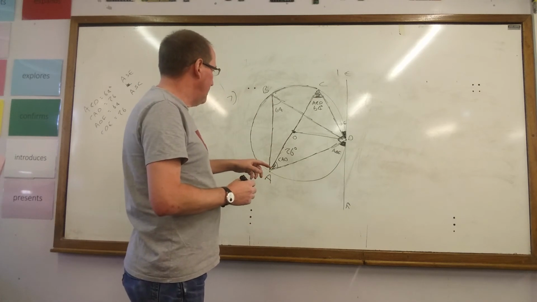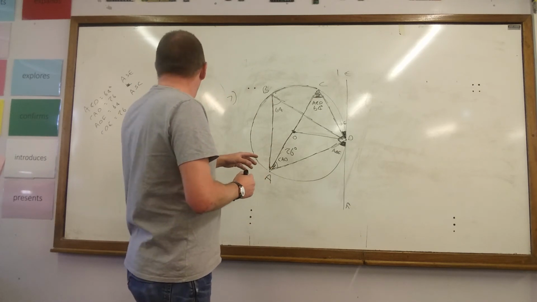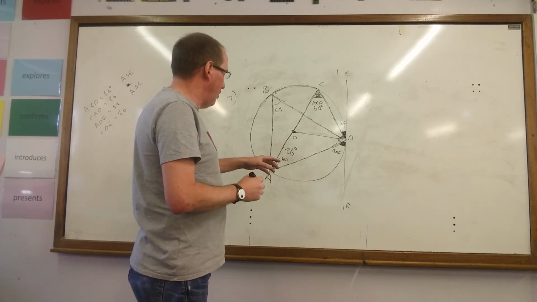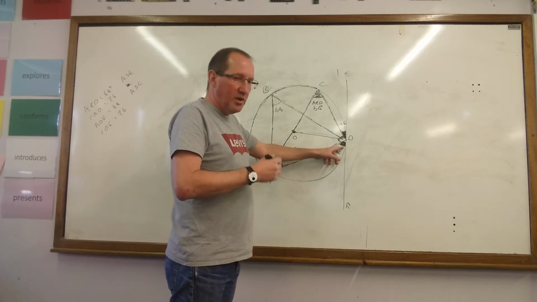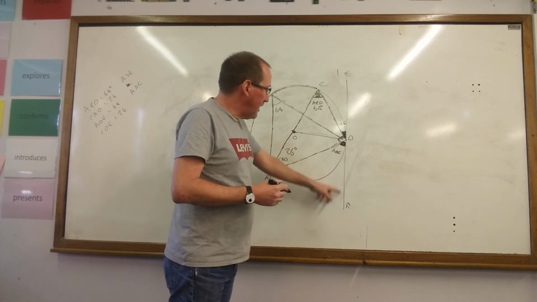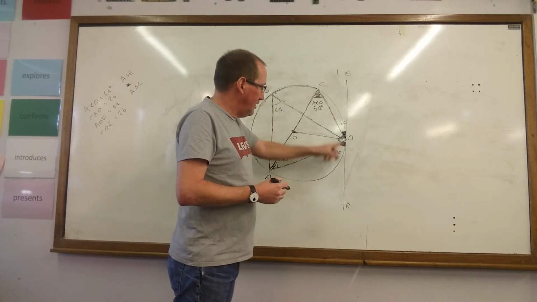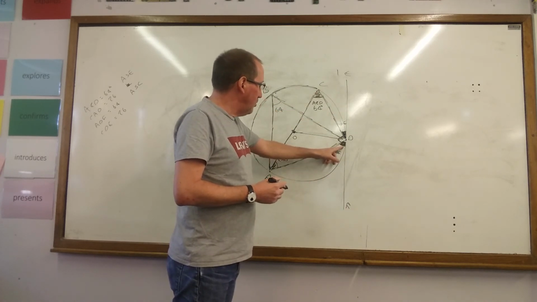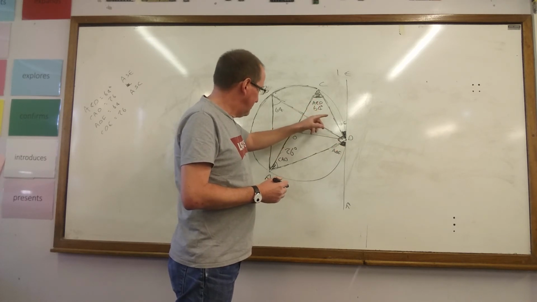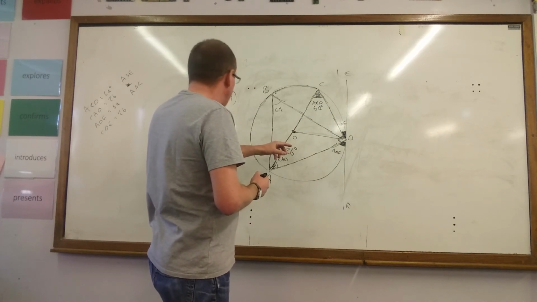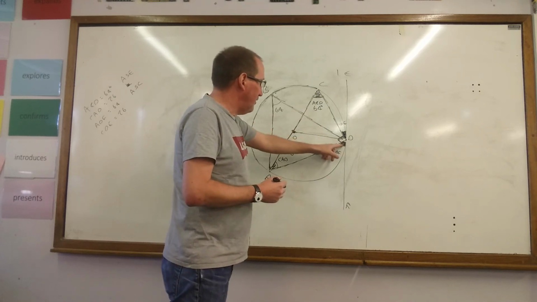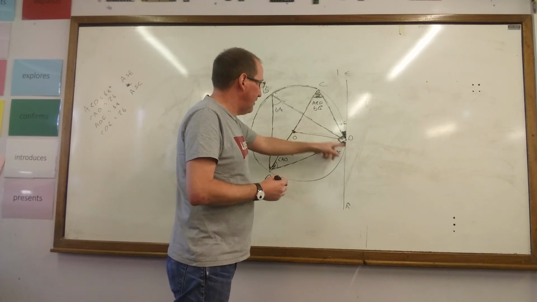But also, if you think about one of the earlier rules we looked at for the alternate segment when you're using a chord meeting a tangent, we know that is going to be equal to the angle here, and that one comes out to be ADF, 64. This one equals that one, 64.